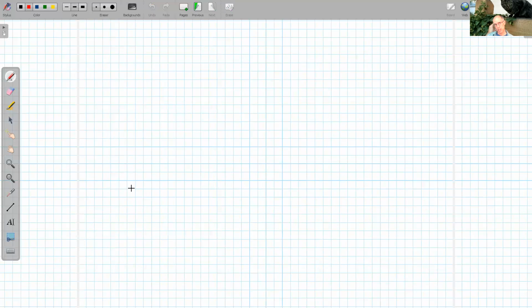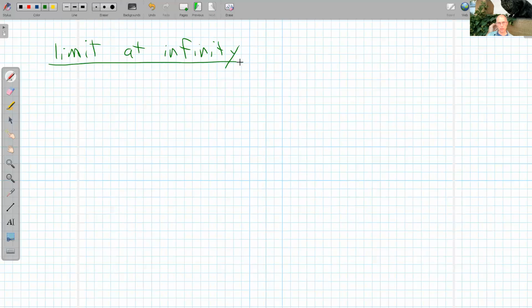Another way something cannot exist is by just not settling down. So let's look at a limit at infinity. This time, let's let x do the infinite thing. So let's let x grow forever. And the function we'll look at is the sine of x.